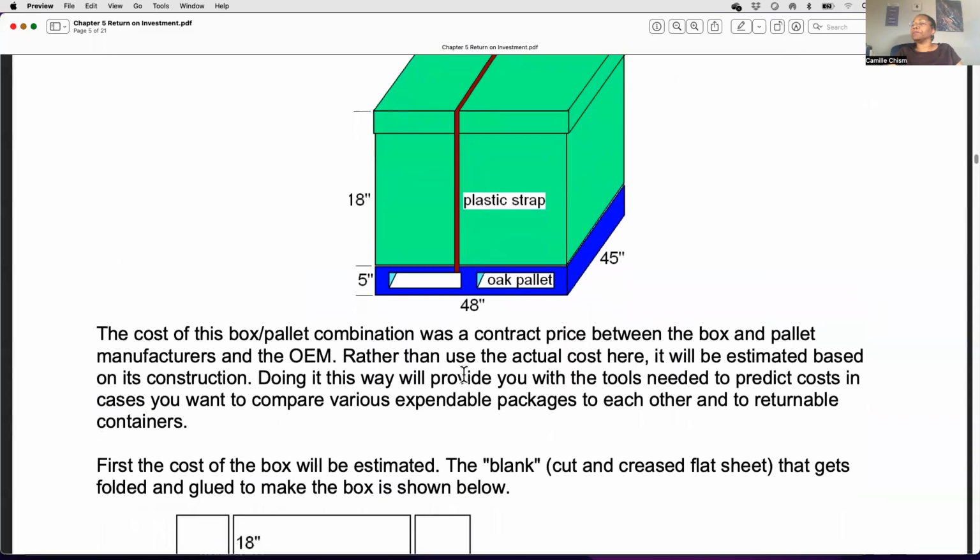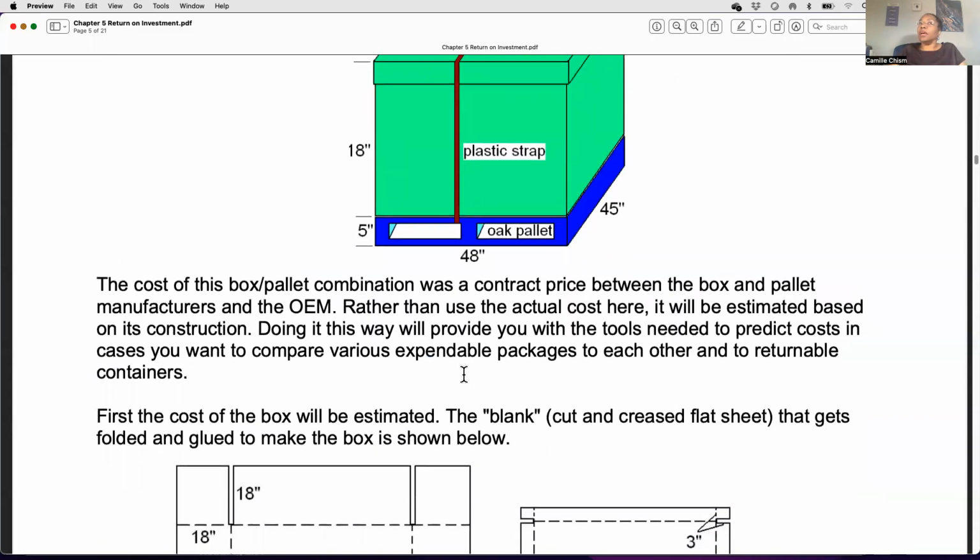That's something else, though, that I'm going to side note. You also want to understand the pricing of the packaging, for a couple of reasons: when you're doing the ROI, when you're doing the business case to justify returnable packaging versus expendable packaging. But you also want to know it in general, because as these launches are happening, packaging is used as a profit center.